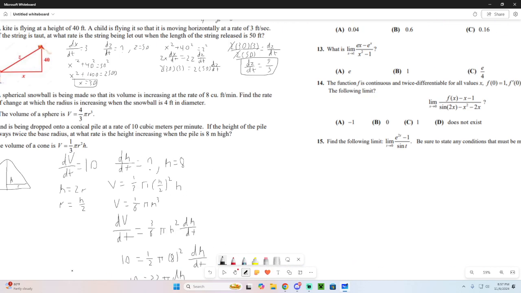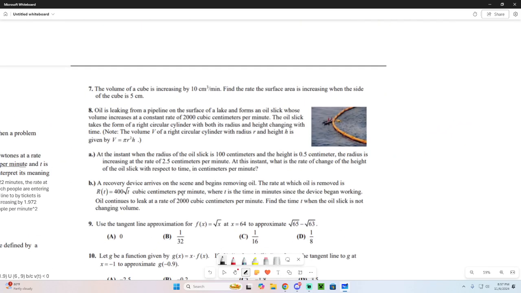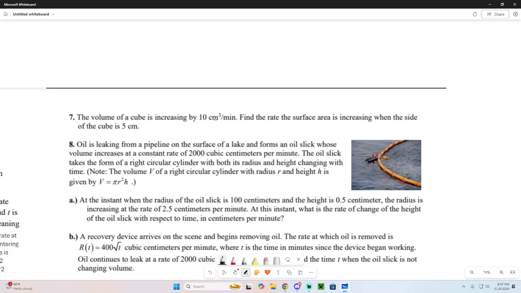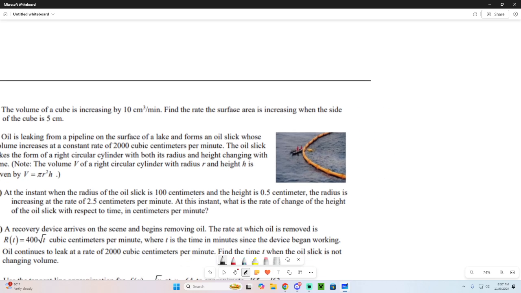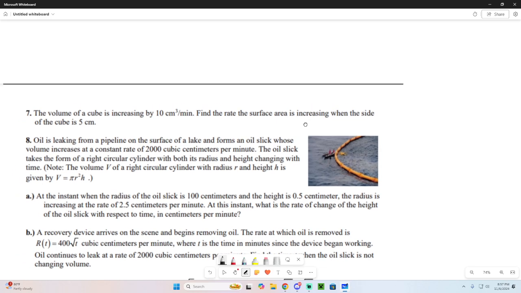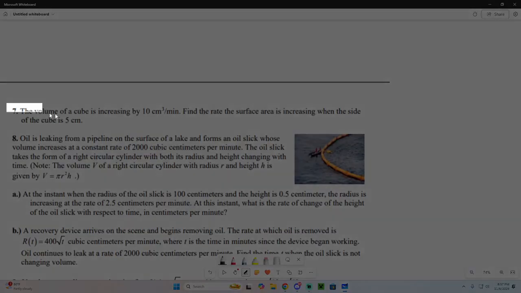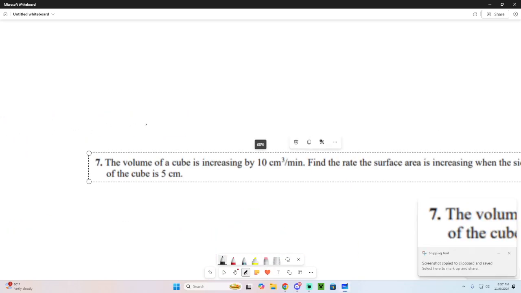Alright, let's keep going. This is the last one I'll do. The volume of the cube is increasing by 10 cubic centimeters per minute. Find the rate the surface area is increasing when the side of the cube is 5 centimeters. Okay, so we're given that the volume of the cube is increasing by... here, I'm going to screenshot this and move it over here so we've got more space.